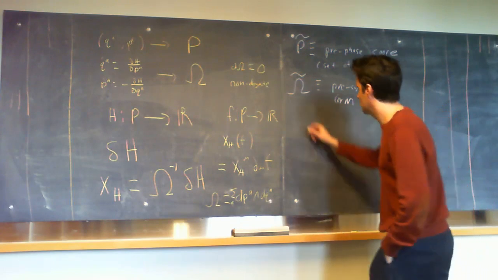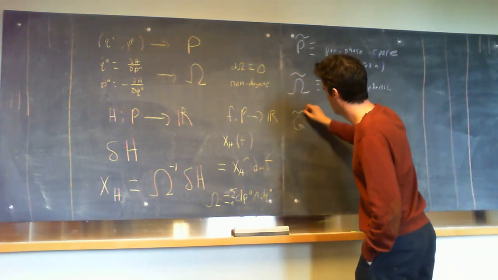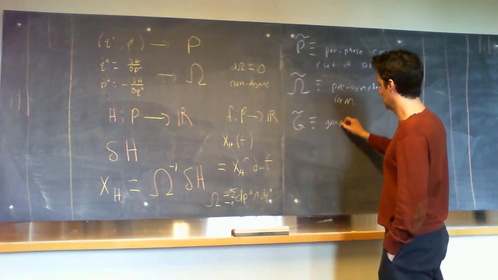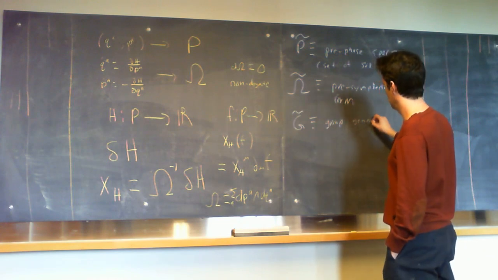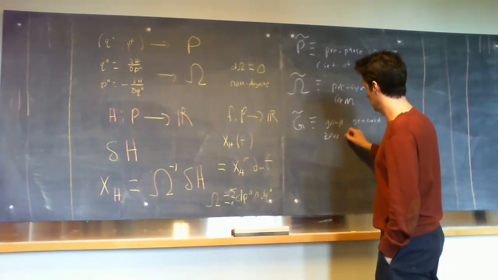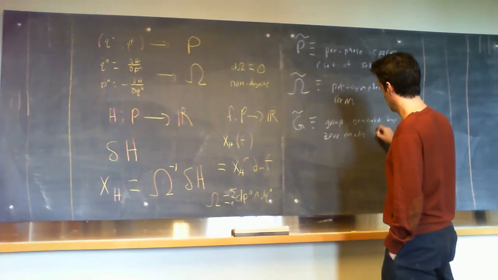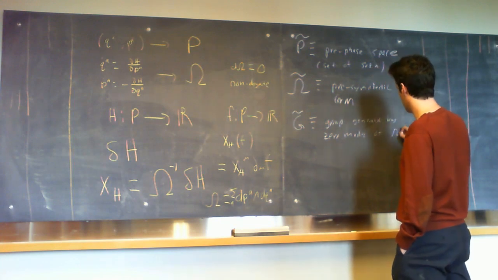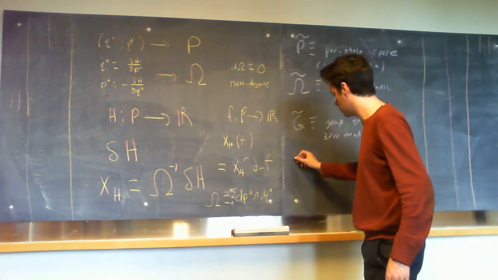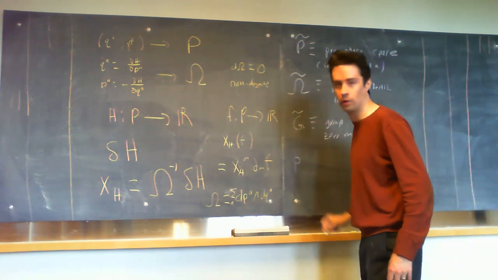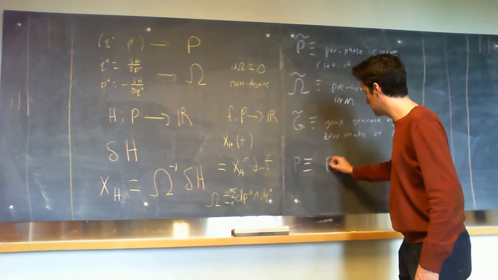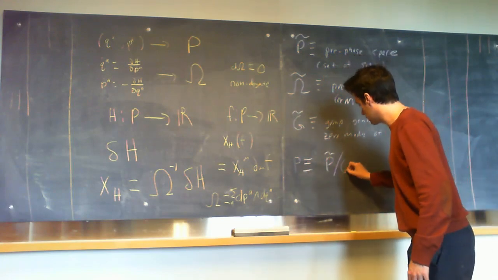So let me call that G tilde, which is the group generated by zero modes of omega tilde. And then finally, the idea is that to construct the actual phase space, the one where the evolution is unique, we start with the pre-phase space, P tilde, and then we quotient by G tilde.